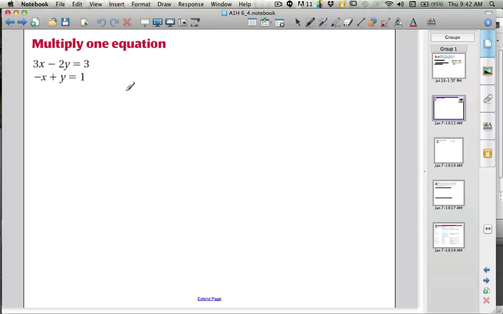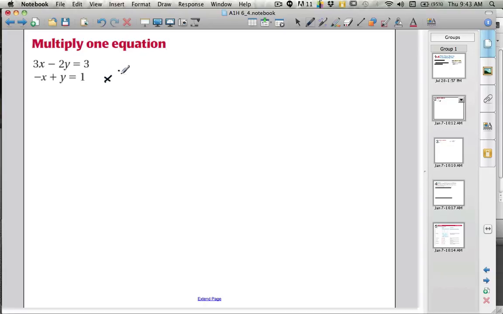If you take a look at this linear system, you can see that if I add these together right now, I'm not going to be able to make either of these variables drop out. My choice is I could multiply the second equation by 3, add them together and get the x to drop out, or I could multiply the second equation by 2 and make the y drop out, and that's what I'm going to do.